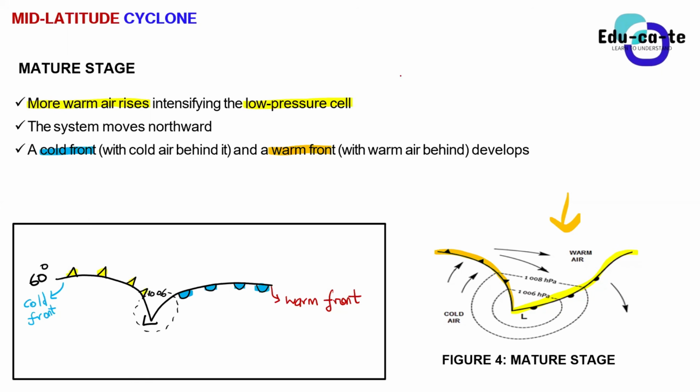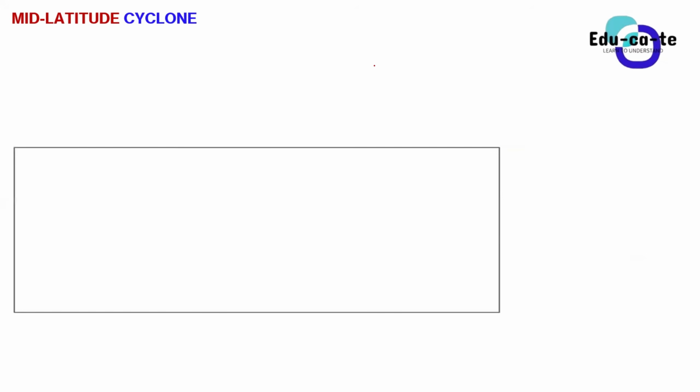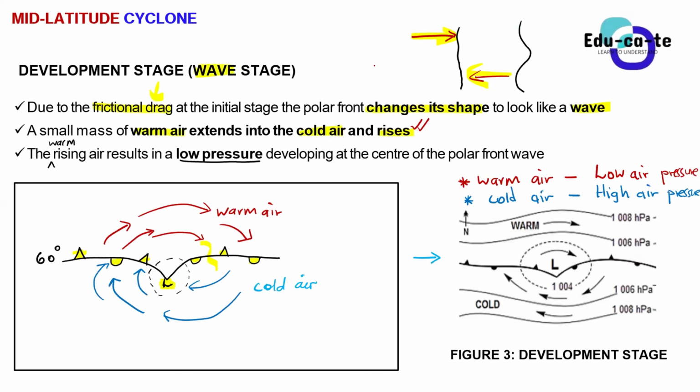Yes, Trevor? So in other words, we can identify a development stage with a mixture of the triangles and the circles, and also identify a mature stage with the masses separate. Yes, exactly. At development stage, you can identify it with this mixture. But when you answer the question, you will say that the polar front looks like a wave.